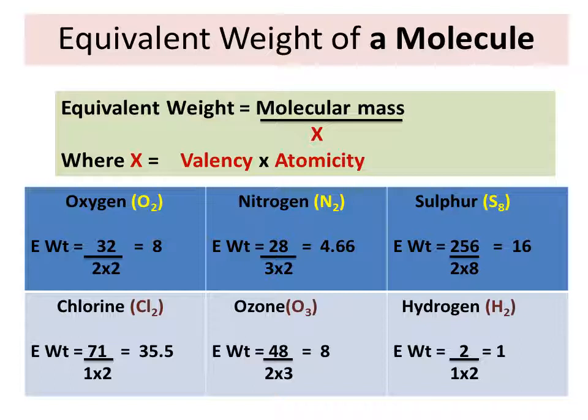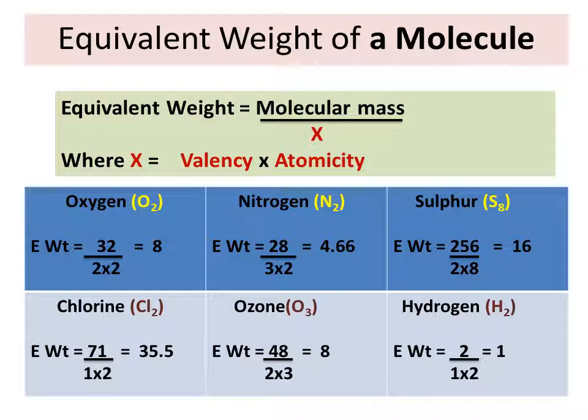So let us come to sulfur, apply it to sulfur. So sulfur here is the S8 molecule. In the S8 molecule we are trying to find out the equivalent weight. So S8, 8 into 32 comes out to be 256.